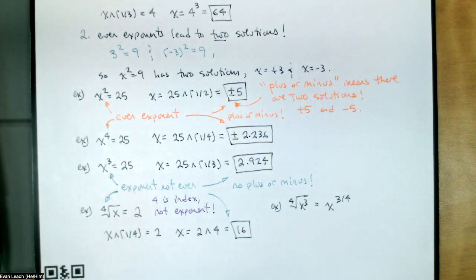So the index is the denominator of the exponent. So if there's a radical, unless the numerator of the exponent is a multiple of that denominator, an even multiple, the exponent's not even. I'd be really sneaky if I said the 4th root of x to the 8th power, because that's just x squared. That's just x squared with more steps.